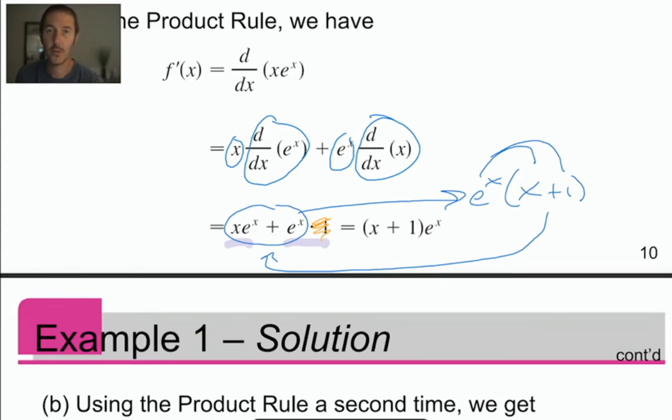That's the commutative property of multiplication. The fact that I wrote the factored expression like this, and that the author has written the factored expression with the multiple of e to the x at the end, that's okay. It's equivalent. It's still the product of two things. We're just changing the order in which those two factors are written.